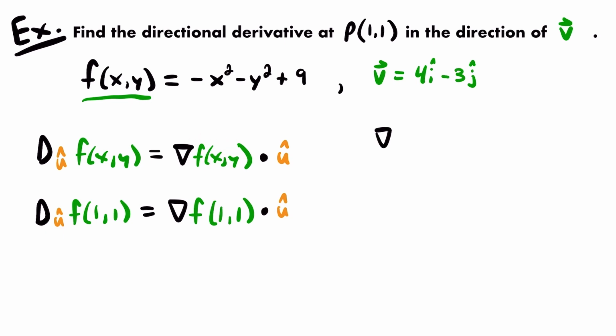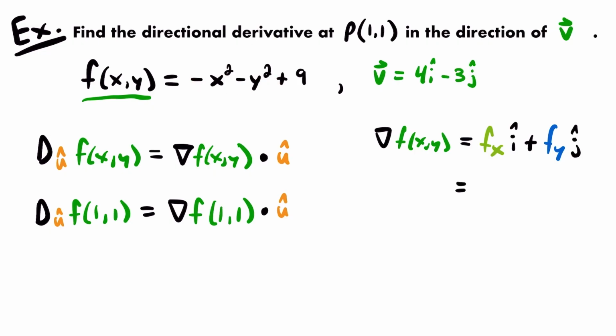We know that the gradient vector for f of x y is equal to the partial derivative with respect to x as the x component, and then the partial derivative with respect to y as the y component. Okay, so let's find the partial derivative with respect to x. Looking at our multivariable function here, negative y squared and 9 would both be constants with respect to x, so their derivatives are 0. And then negative x squared, its derivative is negative 2x.